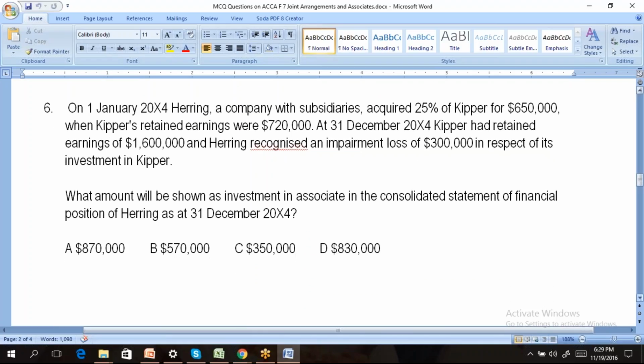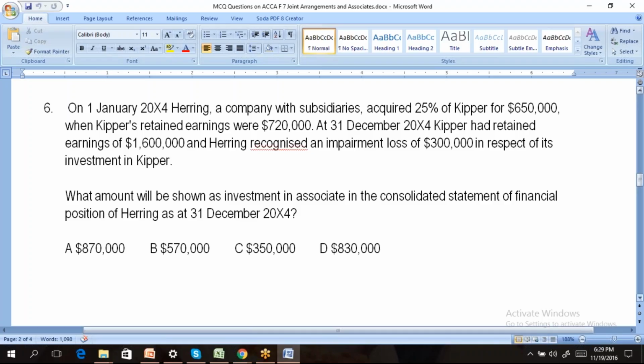Question number 6. Can you do that one now? On 1st of January 20X4, Heron, a company with subsidiaries, acquired 25% of Keeper for 650 when Keeper's retained earnings were 720.